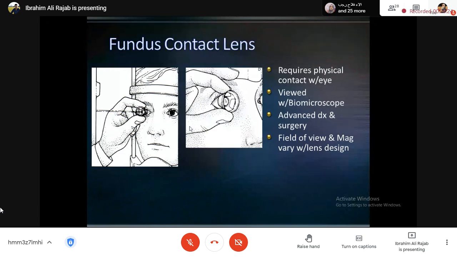Really, it causes some discomfort for the patients, but it is necessary for special examination maneuver and special surgical interventions. For example, if a patient comes and he feels that he has some flutters and photopsia.